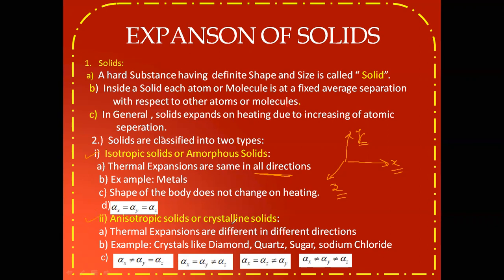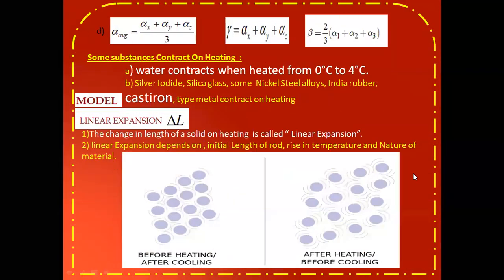How do we identify whether the given material belongs to the anisotropic crystalline solids? Whenever you observe the technical term crystals, like diamond, quartz, sugar, sodium chloride, immediately we can say they belong to crystalline solids.